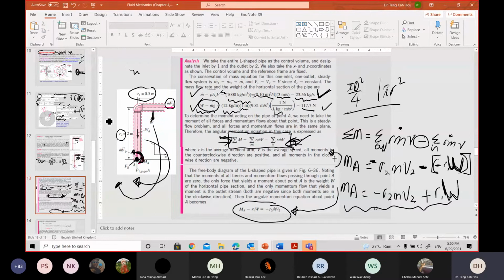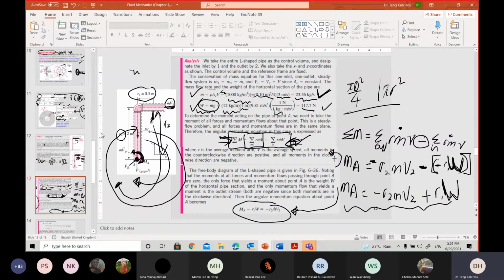my output of my forces. You can see from here, mv2 times my r2. It will generate this rotation of my moments. You get me, right? So the moment generated is r2 mv2.